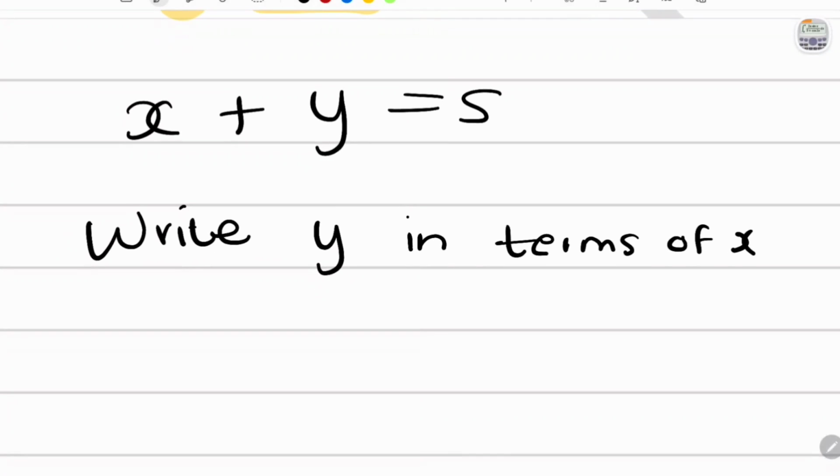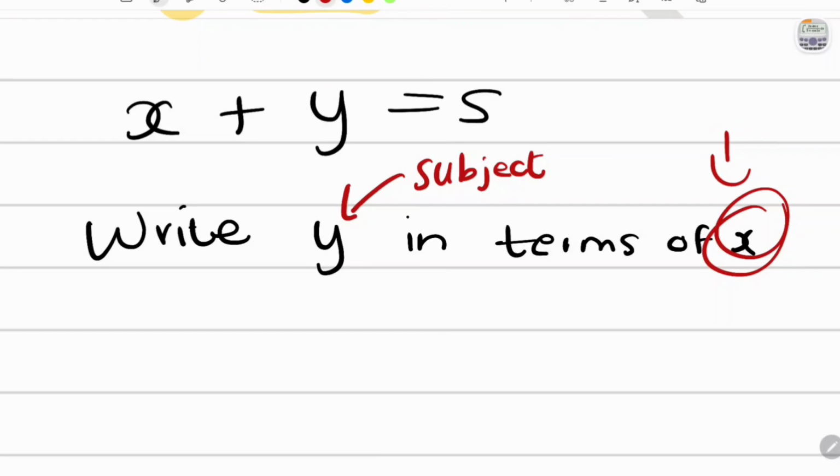Writing y in terms of x would mean this: write y means make y the subject. So y needs to be the subject of your equation, and in terms of x just means that x needs to be included in your answer, in what y is equal to. So I'll leave y alone.